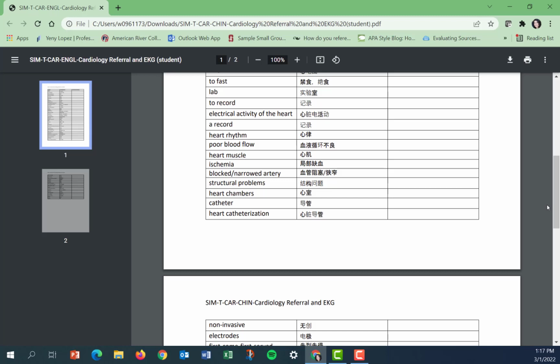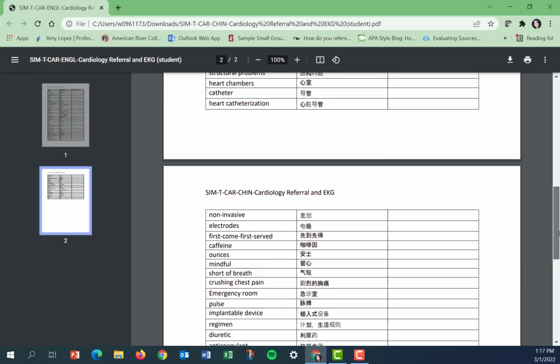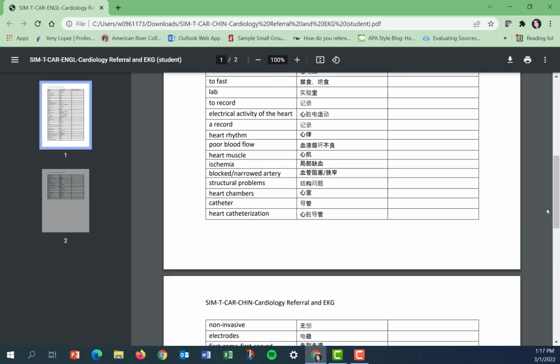Heart rhythm. Poor blood flow. Another way to say poor blood flow is inadequate blood flow. Ischemia. And remember, ischemia refers to an inadequate blood supply to an organ. So ischemia is a condition of an organ not receiving enough blood supply.